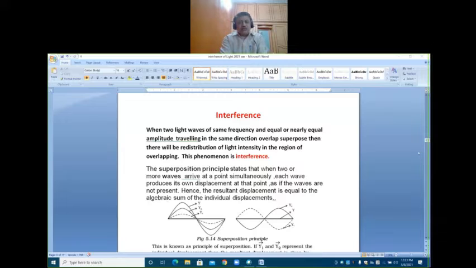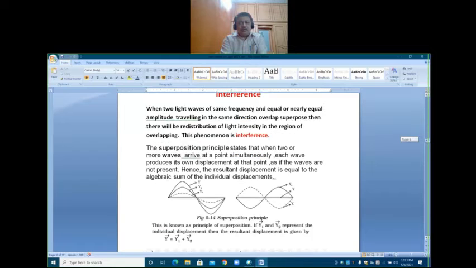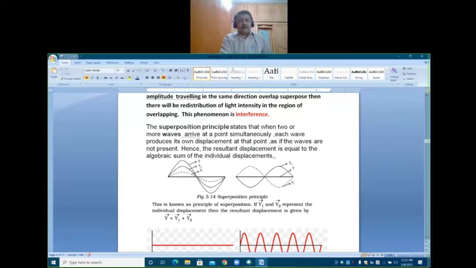The principle of superposition states that when two or more waves arrive at a point simultaneously, each wave produces its own displacement at that point as if the other waves are not present, and hence the resultant displacement is equal to the algebraic sum of the individual displacements.